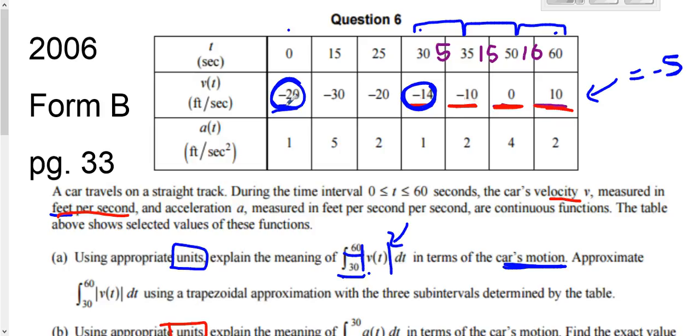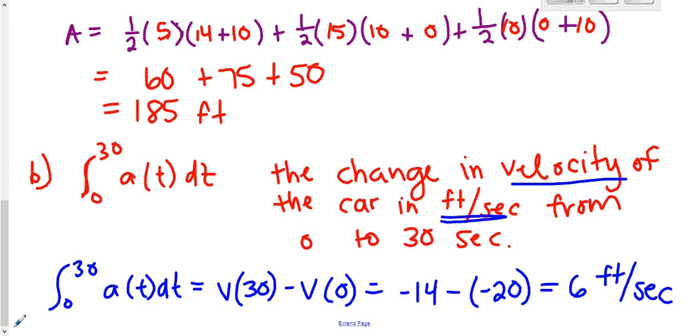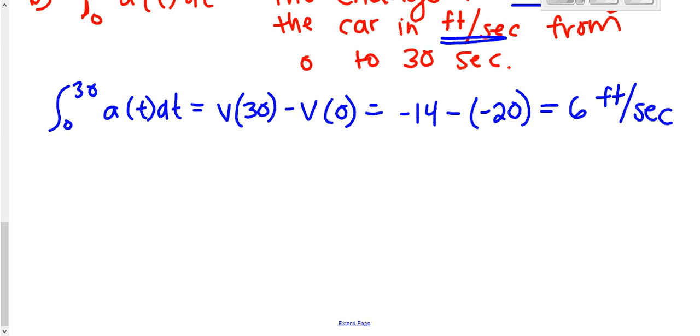But -5 wouldn't be in between these two, not in between -20 and -14, -14, -10. Nope, -10 and 0. Oh, -5 would be right in between here. So, yes, our answer to part C is yes.